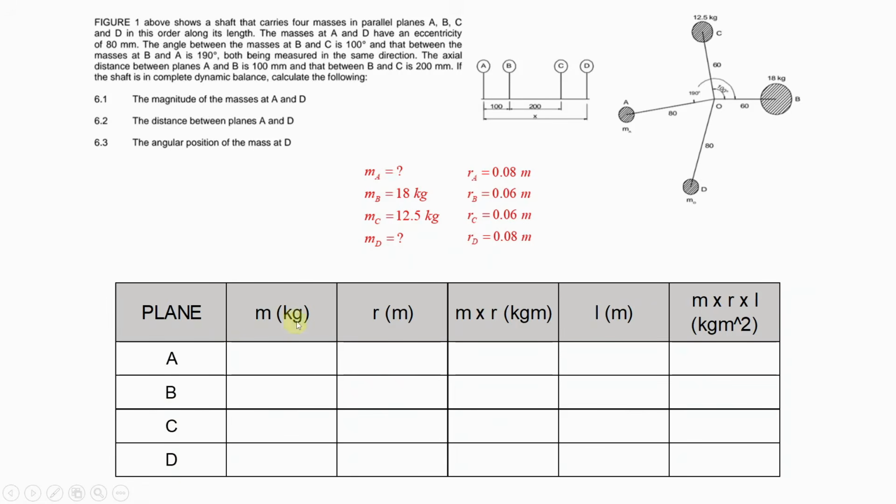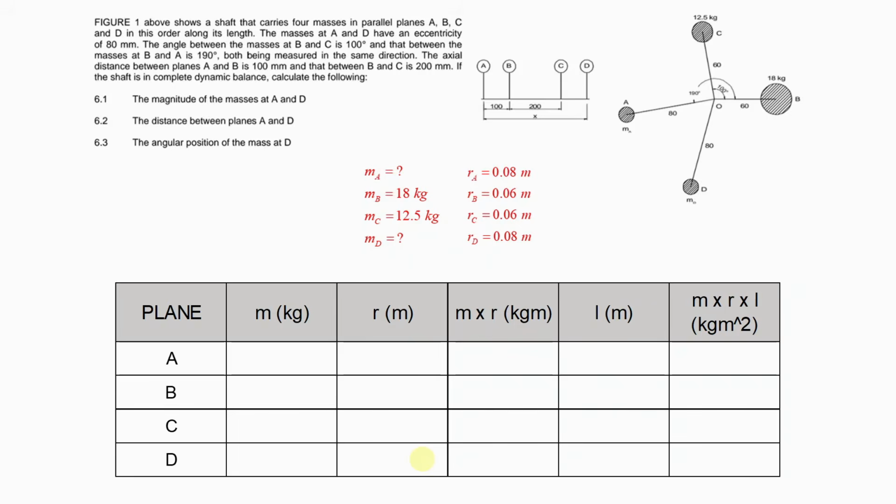Now you will need to write each of the masses. The mass of A, you will write it here. The mass of B, you will write it there. The mass of C and the mass of D. Then after that, you will write the eccentricities. The eccentricity of A, which is labeled RA, you will write it here, that of B, that of C, and that of D. After you have done that, the forces are found by multiplying the mass by the eccentricity.